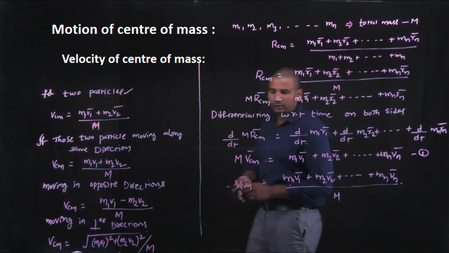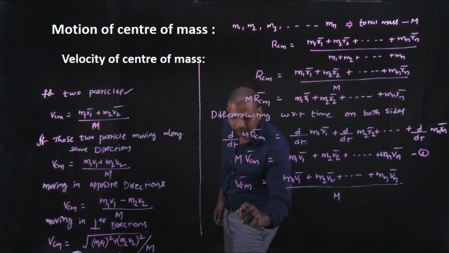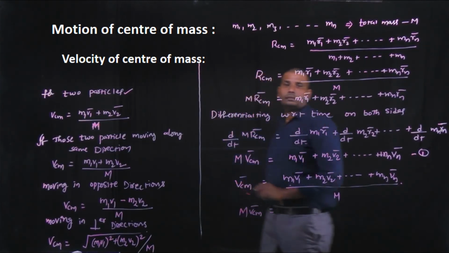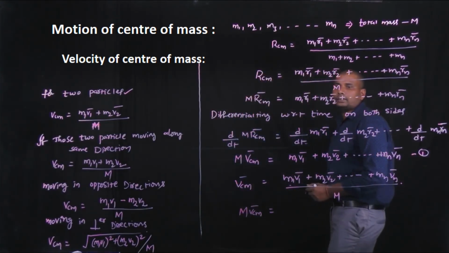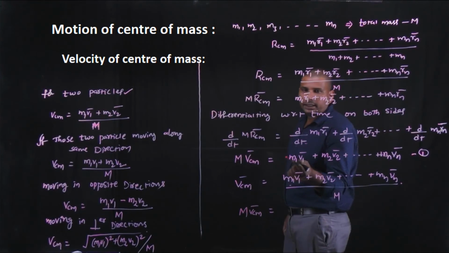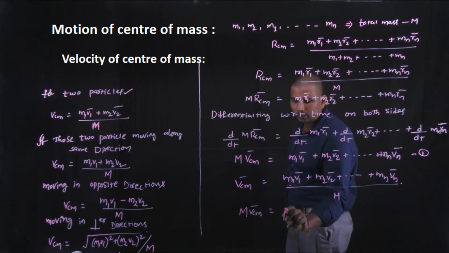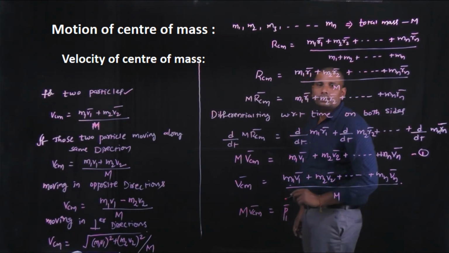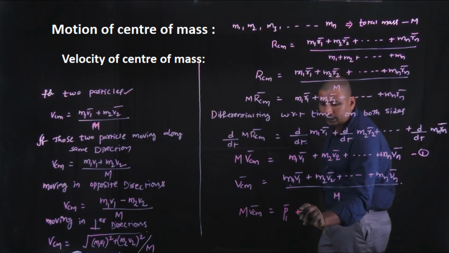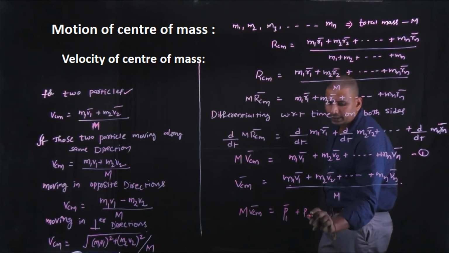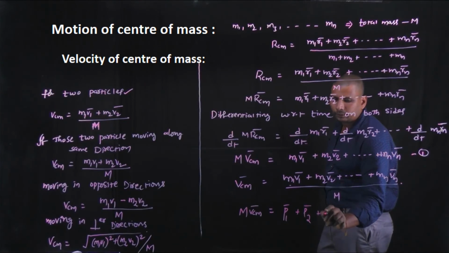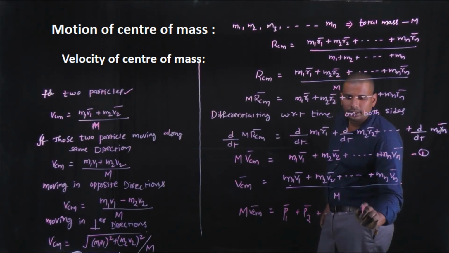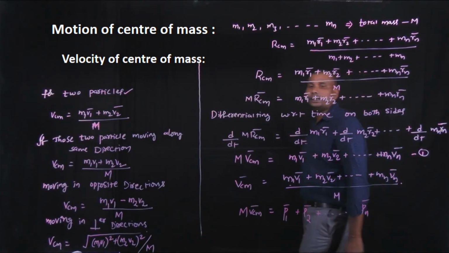From equation 1 we can write that M into Vcm bar is equal to m1 v1 bar. Mass into velocity is called momentum. It is the momentum of the first particle, and m2 v2 bar is the momentum of the second particle, and so on. mn vn bar is the momentum of the nth particle.